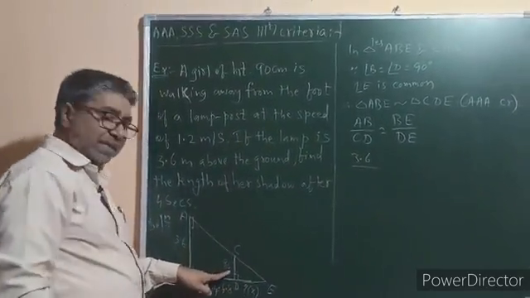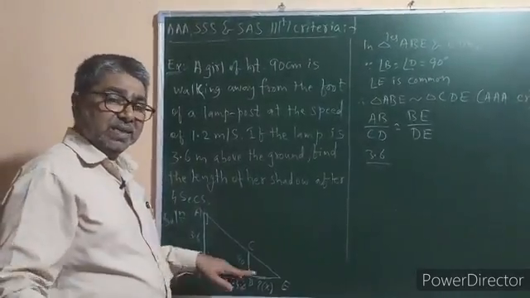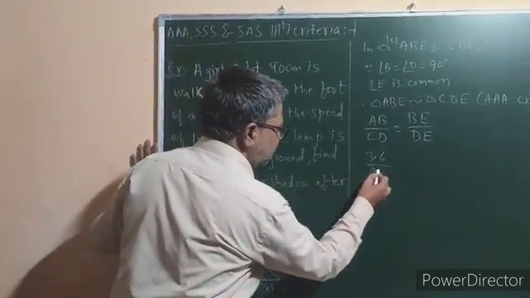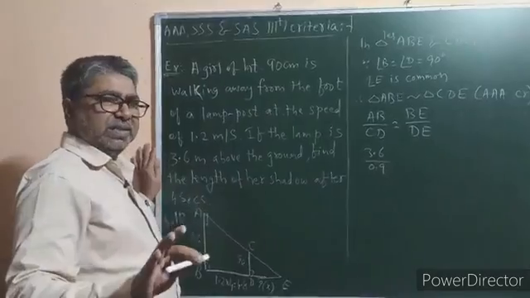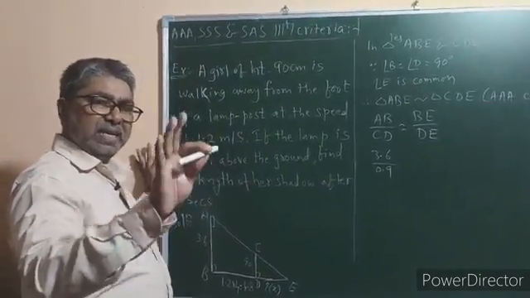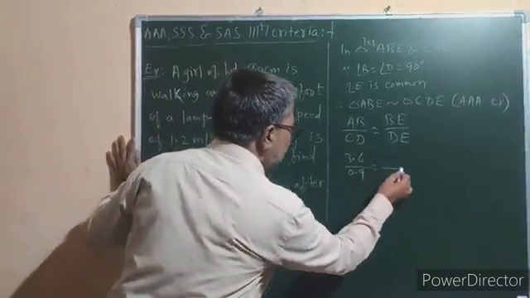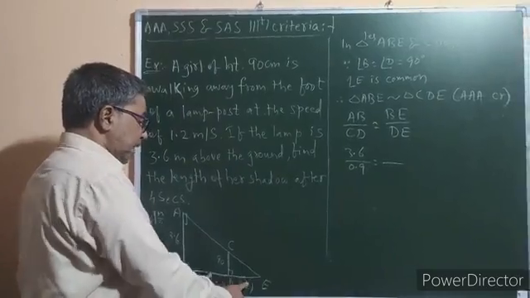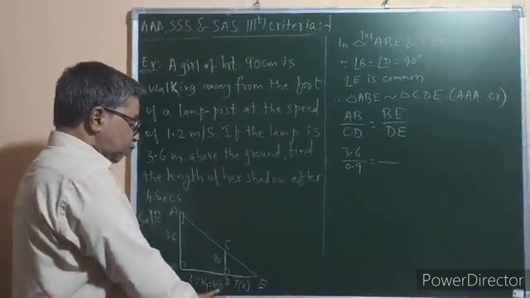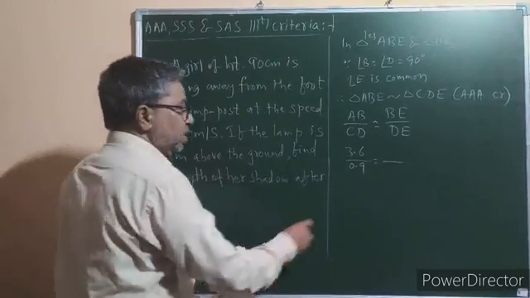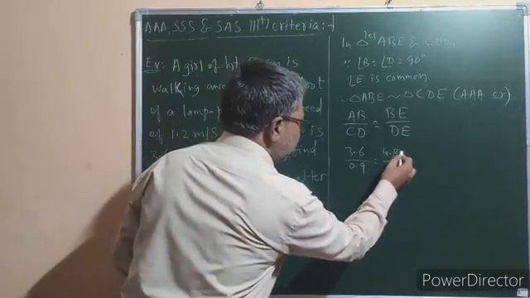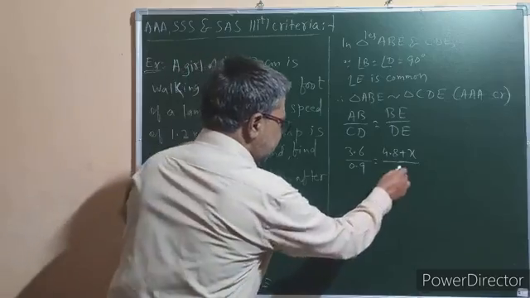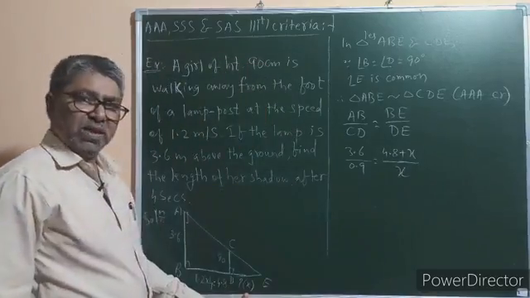CD is 90 centimeters, and if you convert it to meters, it will be 0.9 meters. 90 centimeters is nothing but 0.9 meters, equal to BE. BE is the sum total of BD and DE. BD is 4.8 and DE is X, so I have to write here 4.8 plus X, divided by X, writing X in place of DE.